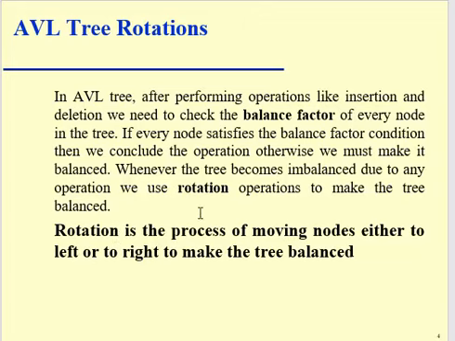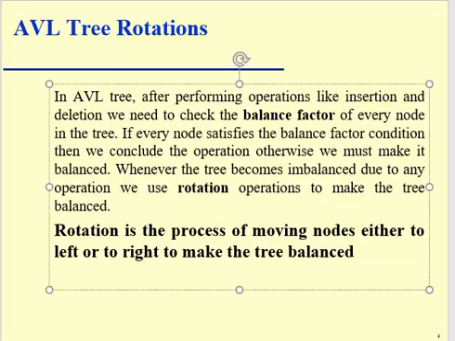In an AVL tree, after performing operations like insertion and deletion, we need to check the balance factor. If every node satisfies the balance factor condition, that is plus 1, minus 1 or 0, then we conclude the operation. That means it's done. Otherwise we must make it balanced.